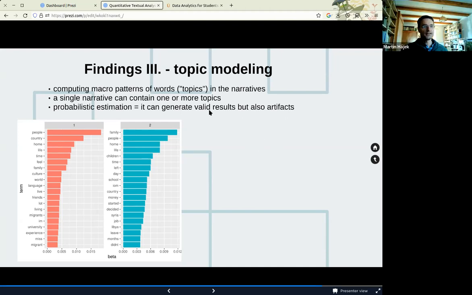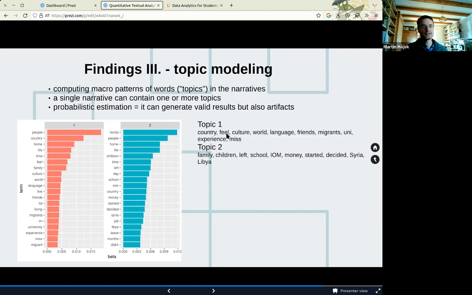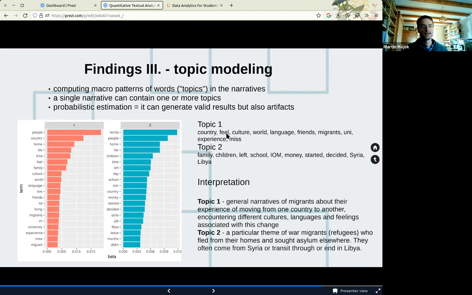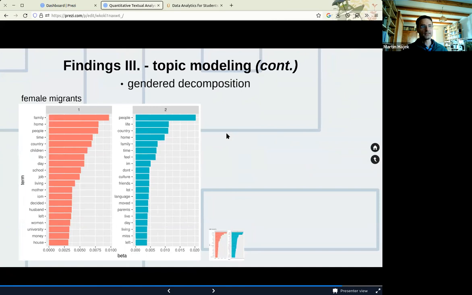Yeah, fine. So in topic modeling, I discovered 2 topics. One was a general topic of migrant experience, and the second was a topic of war migrants. It's something that could be explored more, in terms of what the war or close-to-war migrants' interpretation was. And if I decompose it in gender terms, the war migrant topic was dominant in female narratives.